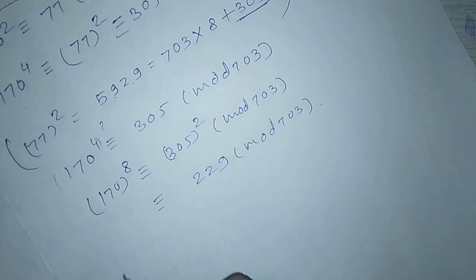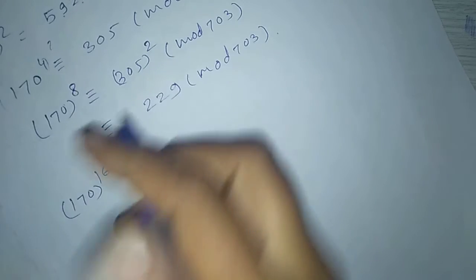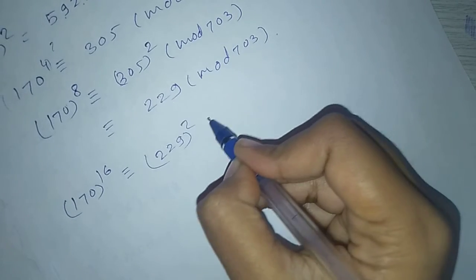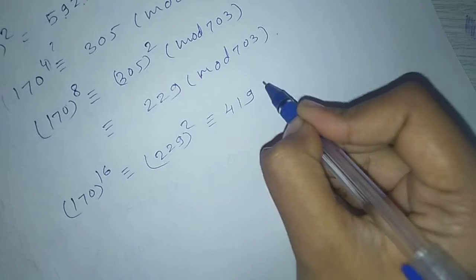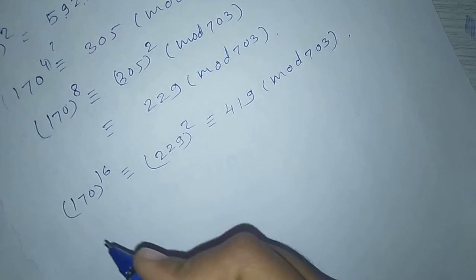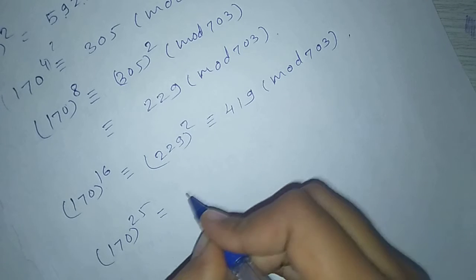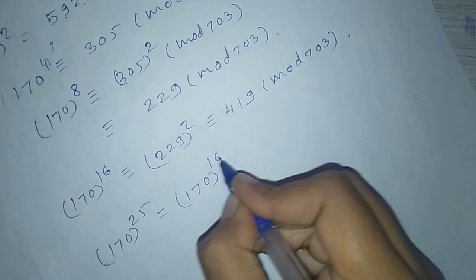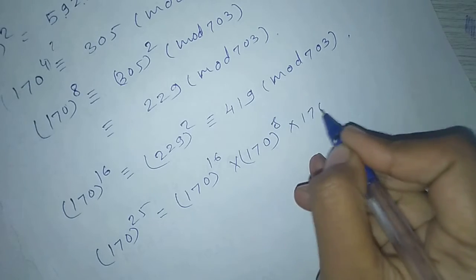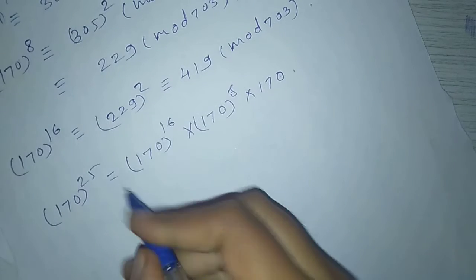Now 170 raised to 16 is congruent to 229 square, which is congruent to 419 modulo 703. Now 170 raised to 25 equal to 170 raised to 16 into 170 raised to 8 into 170. Adding the powers, we get 25.